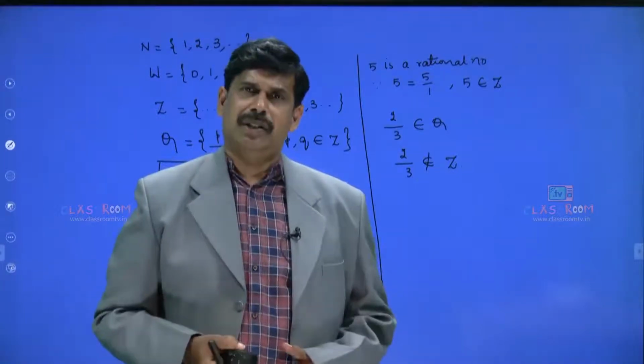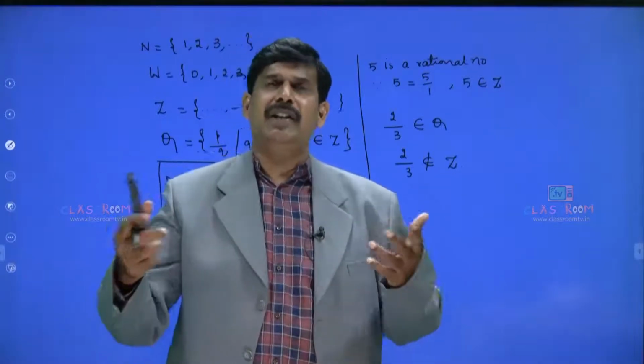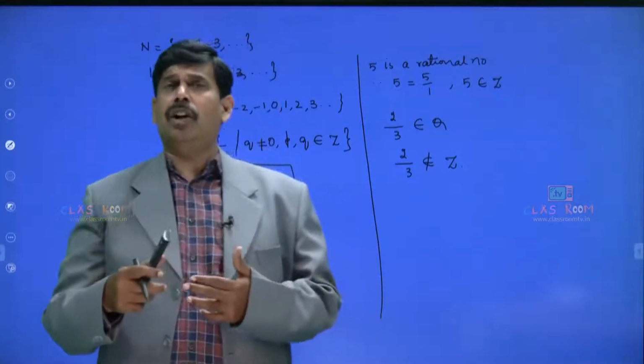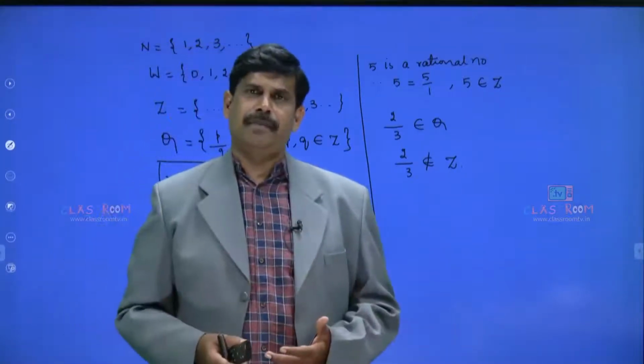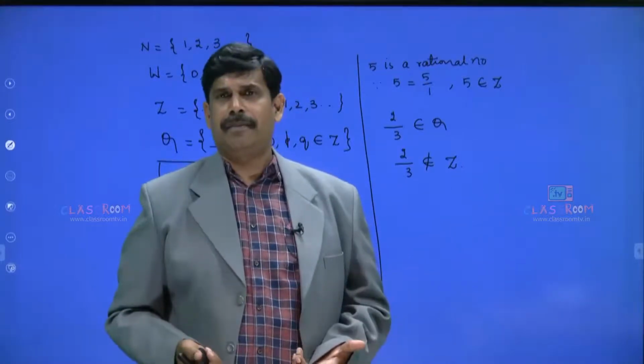A rational number may or may not be an integer. The rational number may be an integer, but it is not true for all the cases. A case like this, it is a rational number, but it is not an integer.